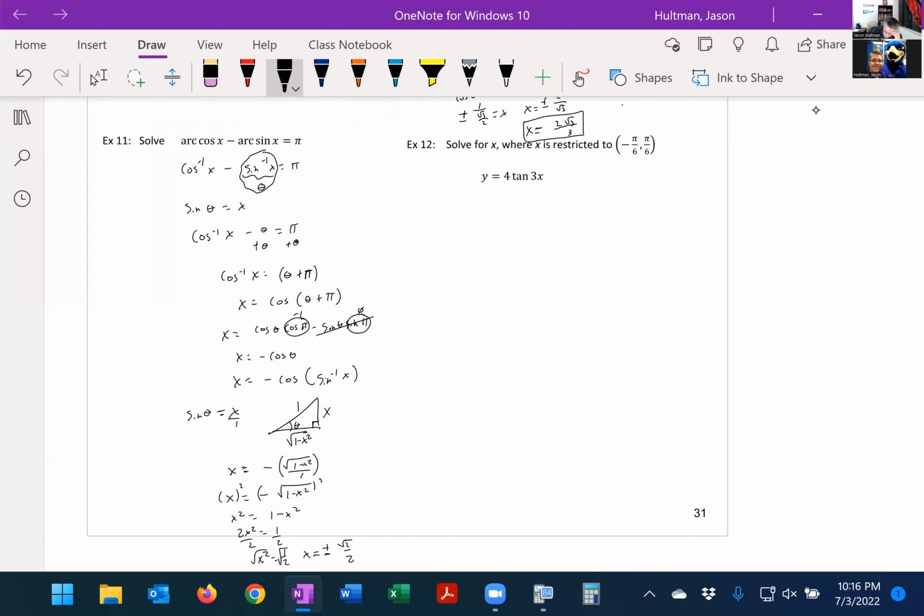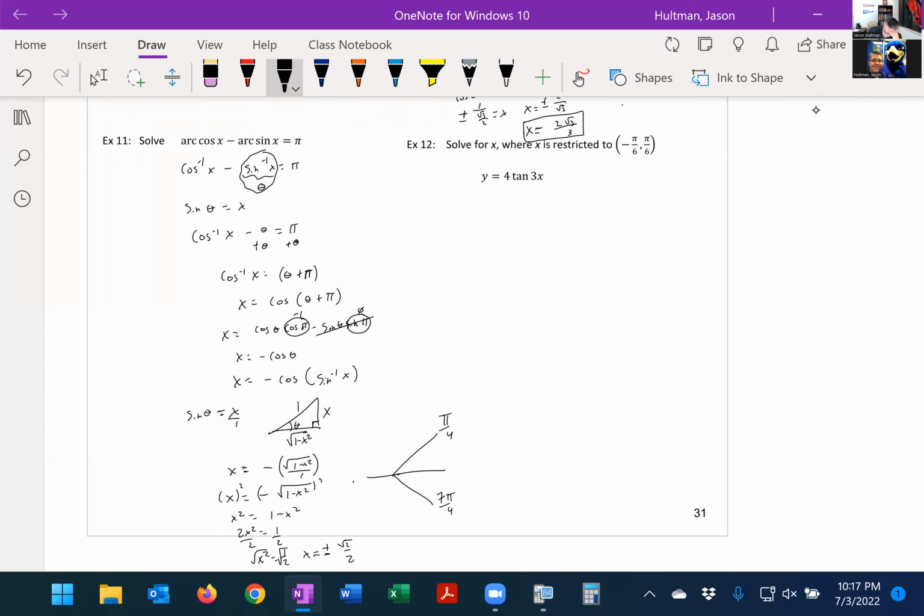What angle gives me radical 2 over 2? The cosine is radical 2 over 2 at pi over 4 or 7 pi over 4.